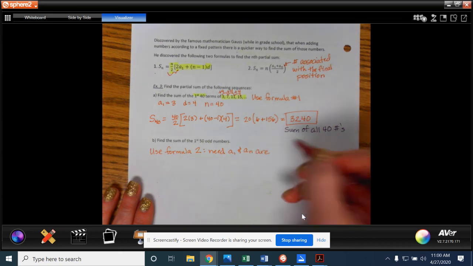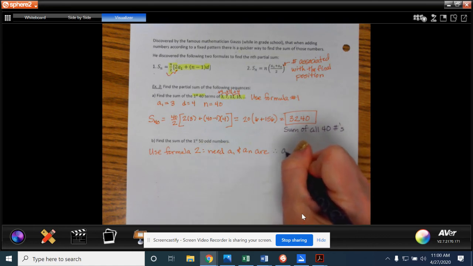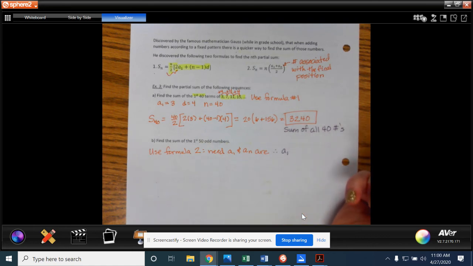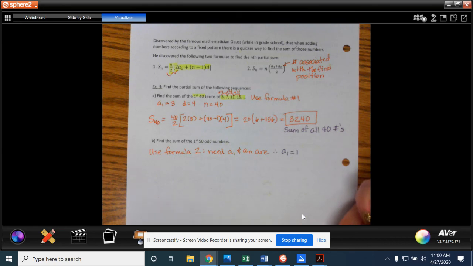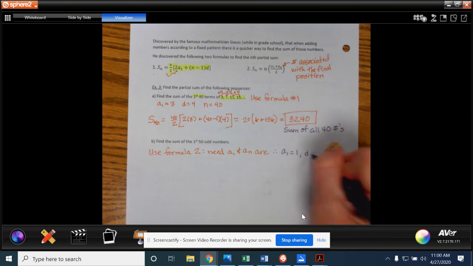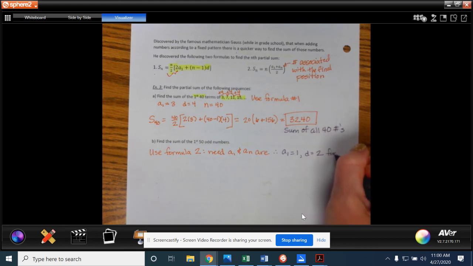What do we know? I do know that a of 1 is easy to find. What's the first odd number out there? It's going to be 1. I do also know the d, because odd numbers go 1, 3, 5, and so forth, adding 2 each time. And I need to find a of 50.